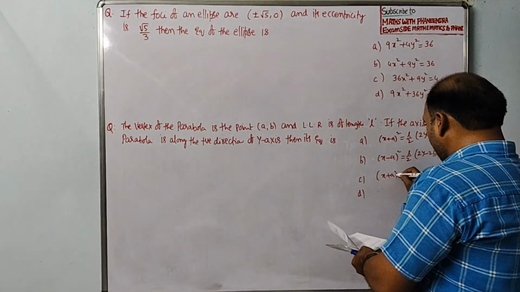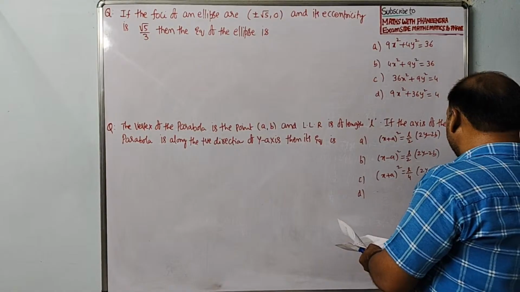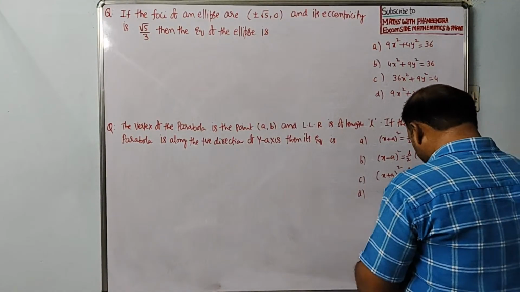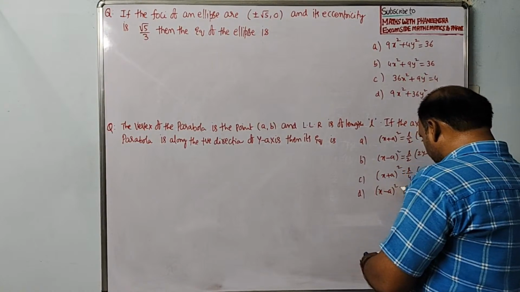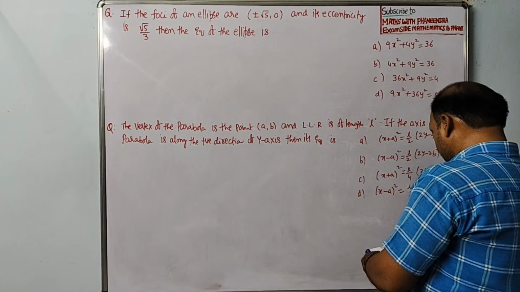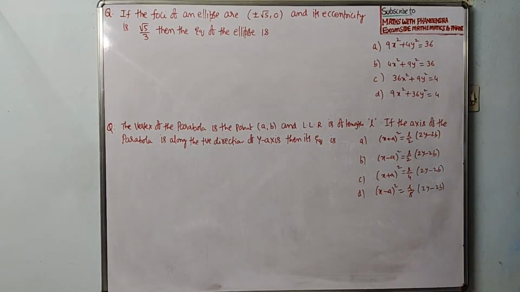Third option, x plus a whole square equal to L by 4 into 2y minus 2b. Fourth option, x minus a whole square equal to L by 8 into 2y minus 2b. See here, question these two. Any idea about to solve this?